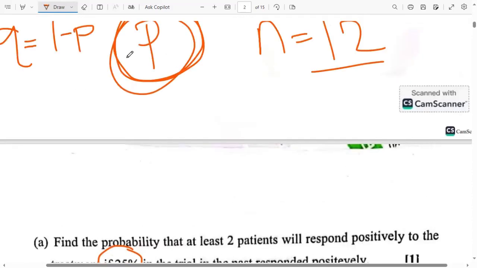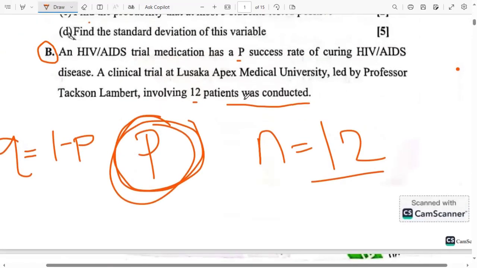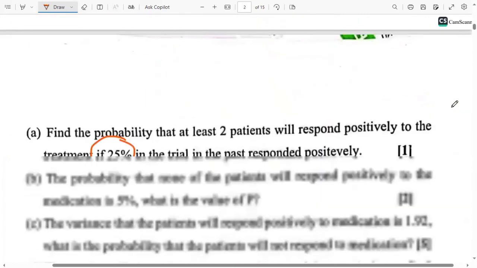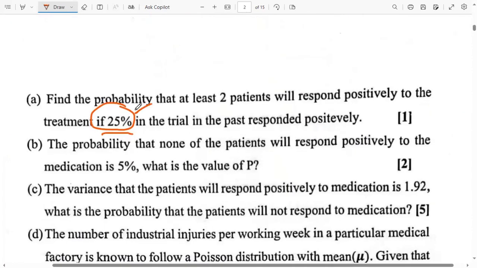When you go back on top here, we are told that this experiment involves 12 patients. So these 12 patients are the number of trials, so your N will be fixed. No matter what probability you'll be finding, you have a fixed number of trials, all of them from the 12 patients. And then you also have a probability of success, in this case 25%.